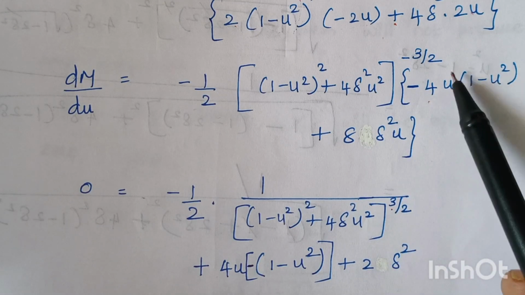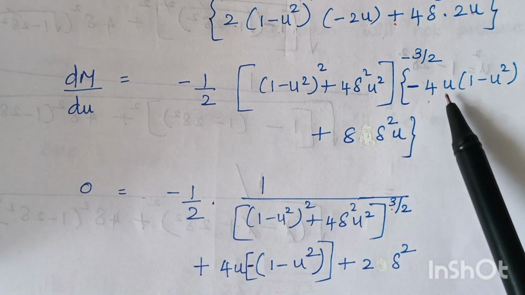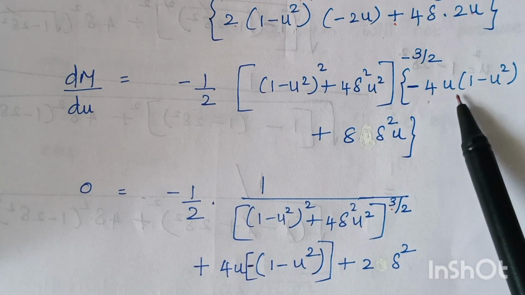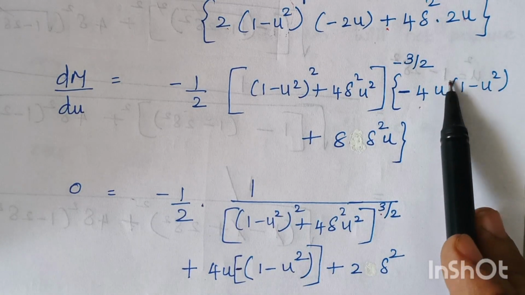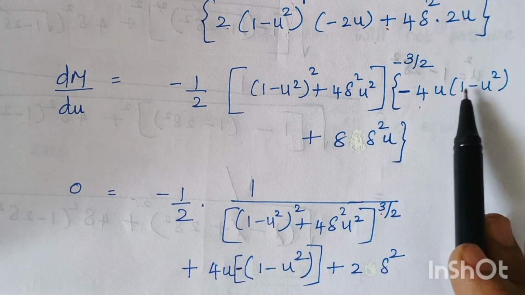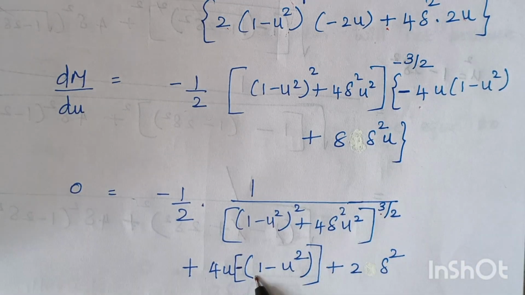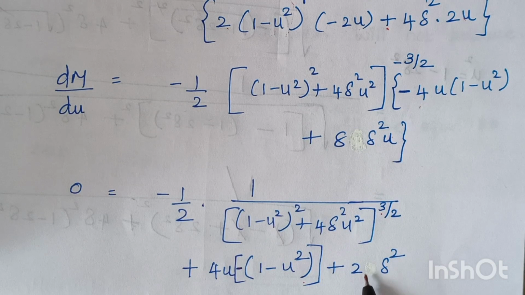And in both these terms, 4u is common. So when you take 4u outside, what are the remaining terms I will be having? Minus 1 minus u square, this term I had written here, plus when you take 4u out, the remaining term will be 2 zeta square, right?